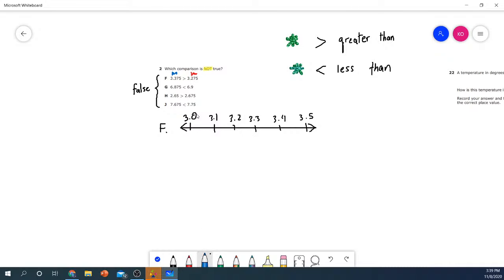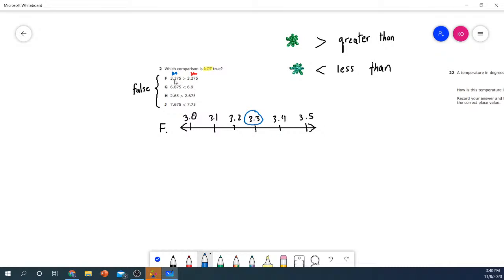Let's start by plotting 3.375. Where would we plot that? Let's start with its unit number and go to the right from there. 3 is in between 3 and 3.5, and 3.3 is right over here.